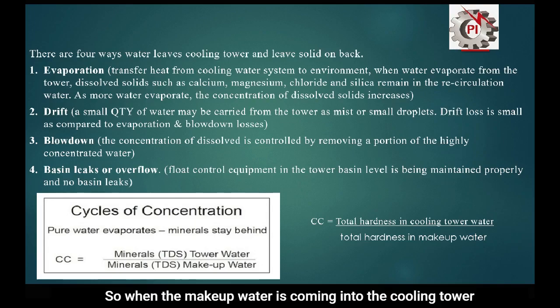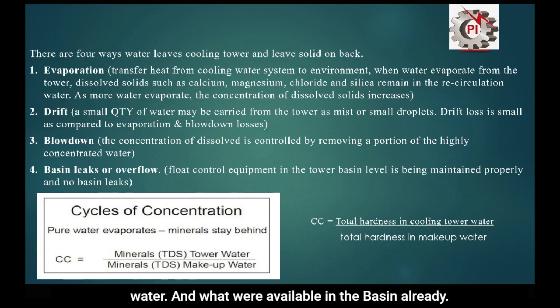So when the makeup water comes into the cooling tower basin, the solid particles available in the makeup water and those already available in the basin together increase the quantity of solid particles. That is why the hardness of the circulation water is increasing.